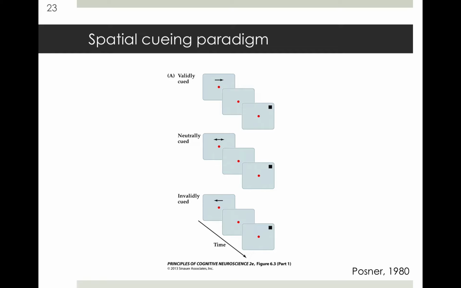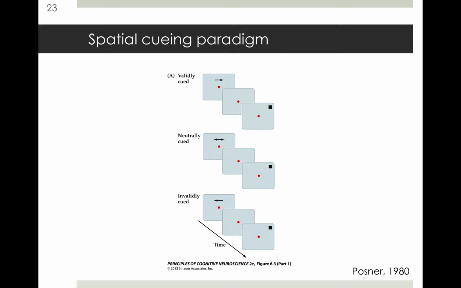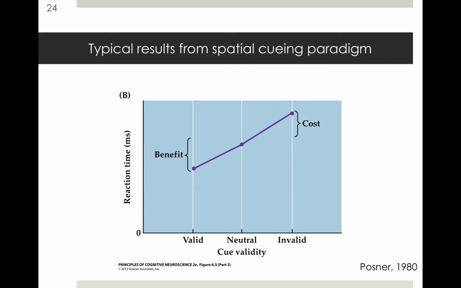The difference in reaction time between the validly cued and the invalidly cued trials is the cost and benefit of attention. That's how you measure attention using the spatial cueing paradigm, by comparing the valid and invalid cues, and sometimes the neutral cue in the middle.